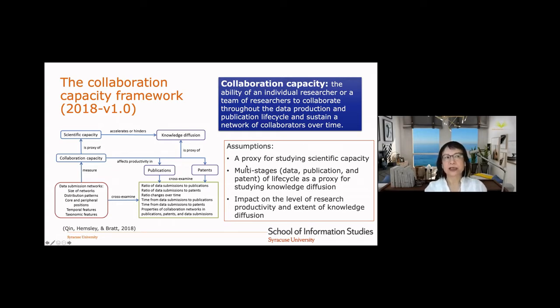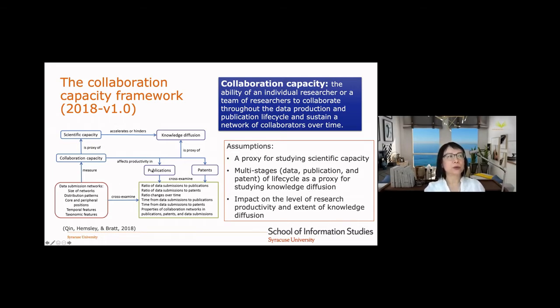The assumption of this concept is that collaboration capacity is a proxy for studying scientific capacity. And the multiple stages of the life cycle can be used as a proxy for studying knowledge diffusion and the impact on the level of research productivity and the extent of knowledge diffusion. So this is our assumption for the collaboration capacity.